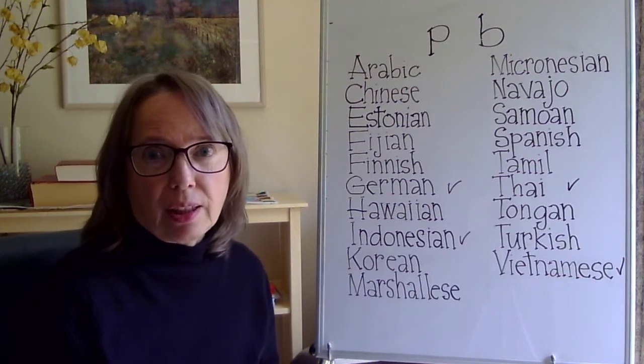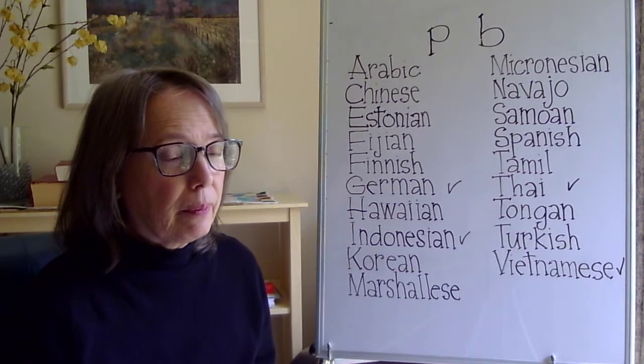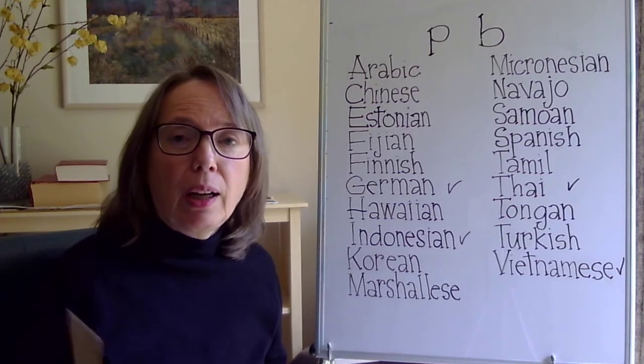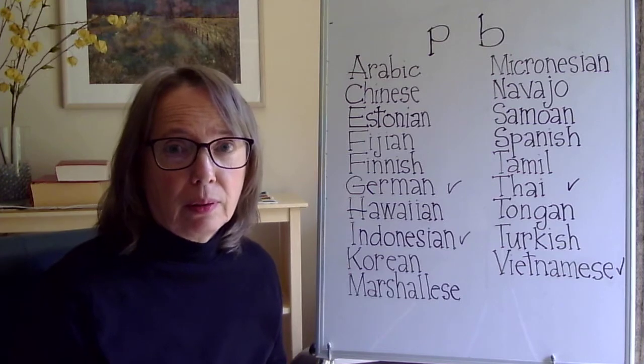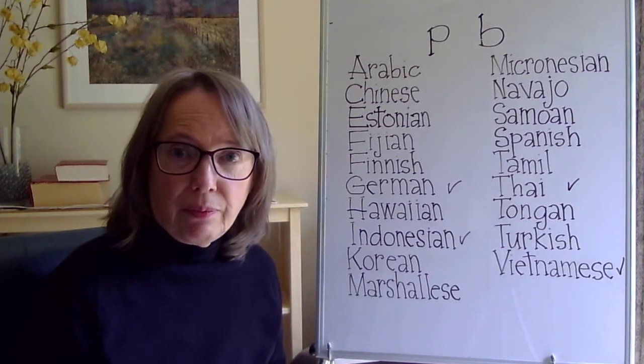Okay, let's start with some basic information about P and B. Why do we put P and B together? Well, P and B are almost the same sound. They use the same mouth position.